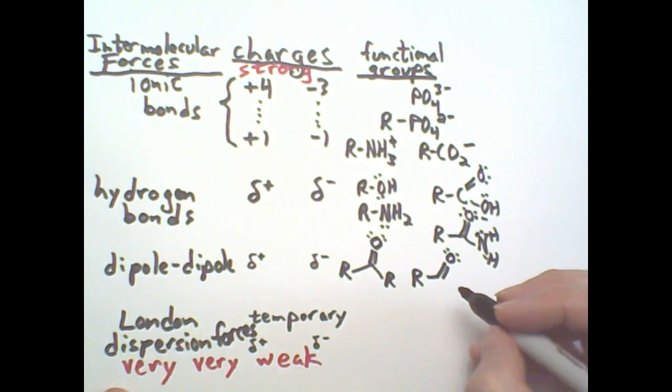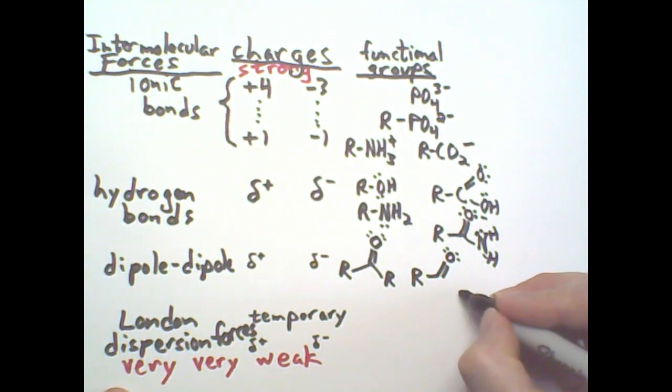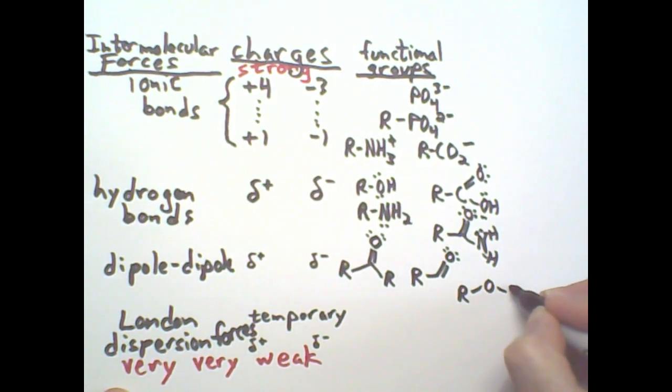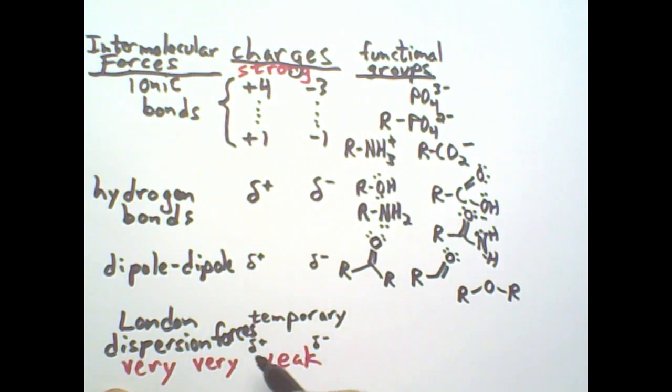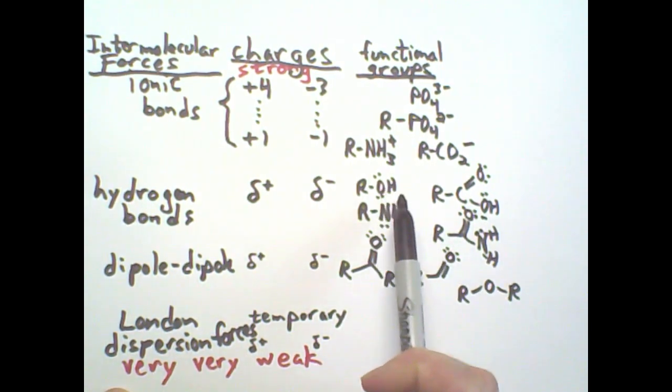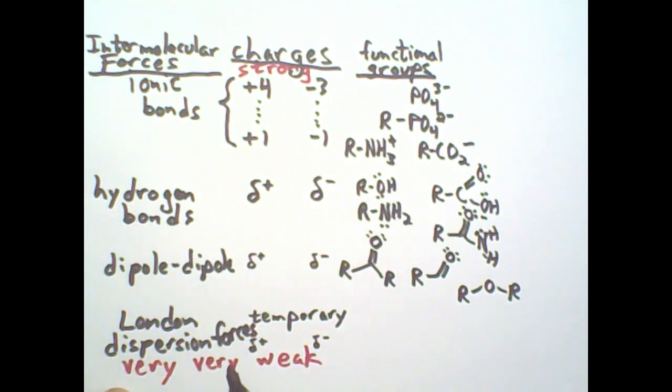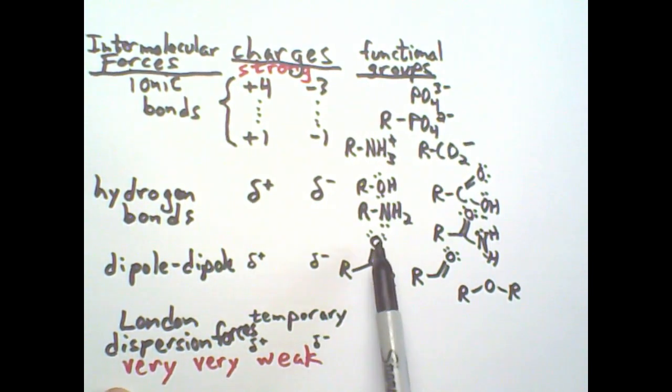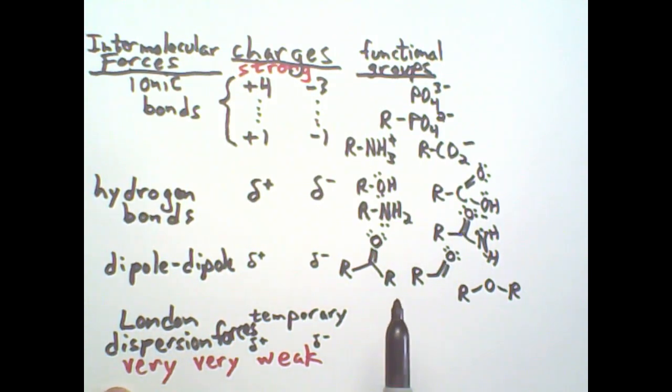You can have weak dipoles with something like an ether. Now, I haven't covered every functional group, but you can go through your functional groups and look for these OHs and NHs and categorize them with hydrogen bonding. You can look for COs or CNs and categorize them as dipolar molecules.